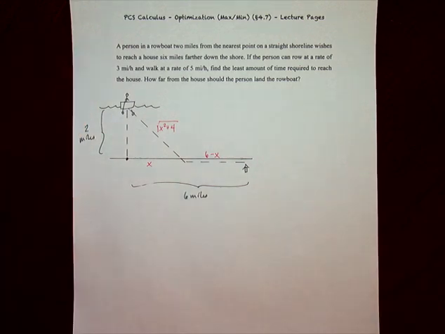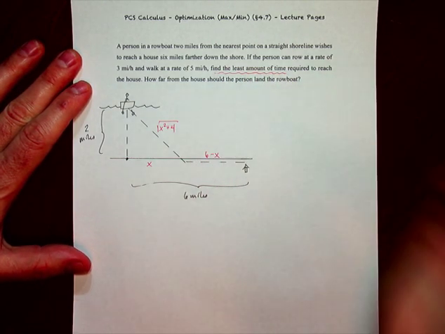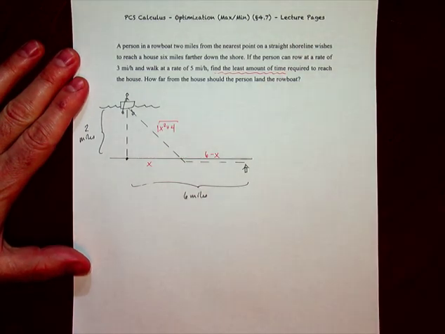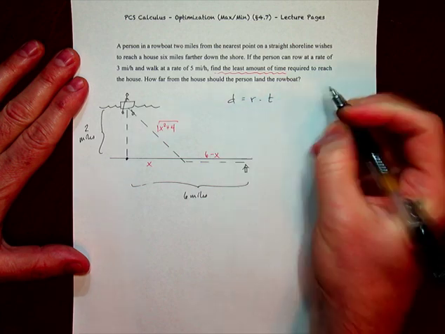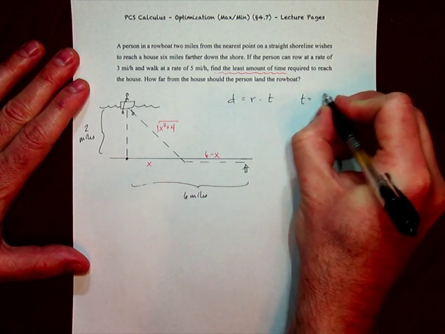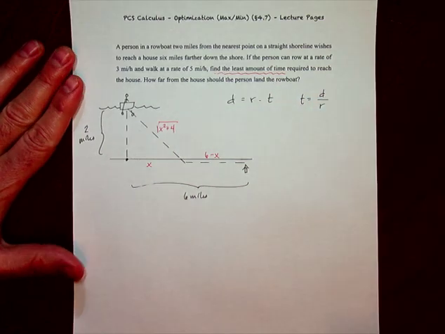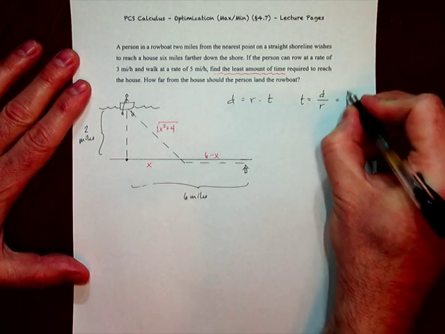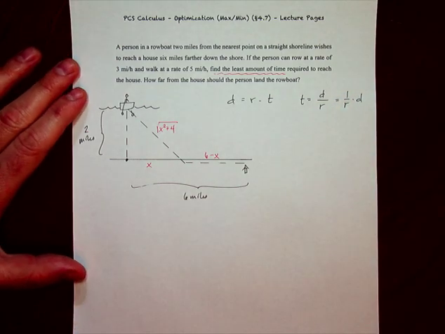Now, we are trying to minimize time, right? It says find the least amount of time. So we know that we're dealing with distance and rate and time, but we need to transform this formula such that time is equal to distance over rate. Or, the way we're probably going to do it is the reciprocal of rate times the distance.